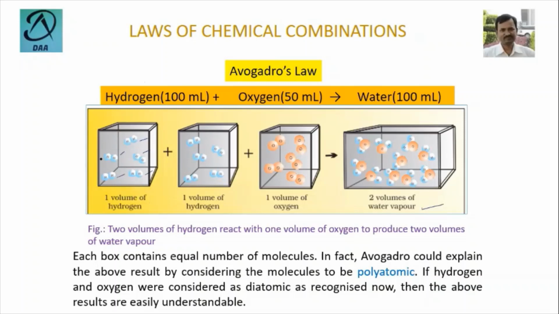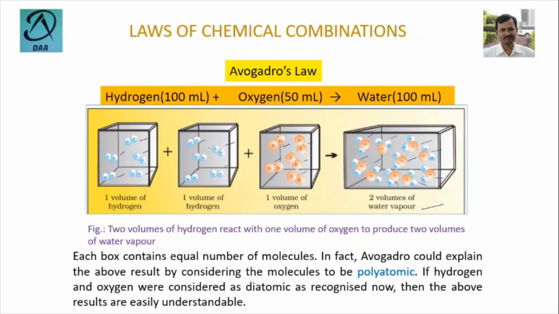So 1 volume has 5 molecules, and in this case 1 volume also has 1, 2, 3, 4, 5 molecules. And it reacts with this volume, and this volume is the same. So it should also have oxygen molecules, the same number, 5, 1, 2, 3, 4, 5. And these will react to produce 2 volumes of water vapor. 2 volumes means every 1 volume contains 5 molecules, so it should be 10 molecules. We find 1, 2, 3, 4, 5, 6, 7, 8, 9, 10.